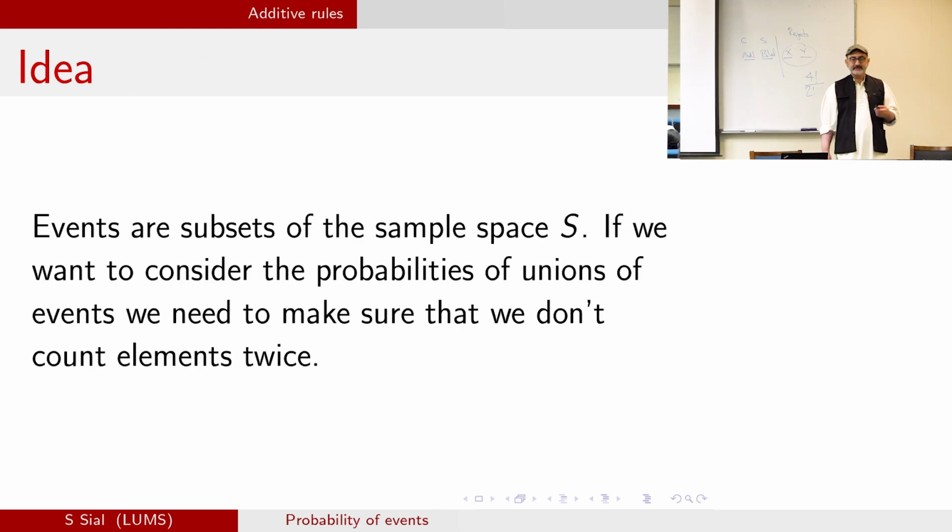Consider probabilities of unions, intersections, and so on, collections of events. And so we have some rules for dealing with that. Okay? And basically, the rule I'm going to show you is a way of preventing the overcounting of probabilities when you take unions.